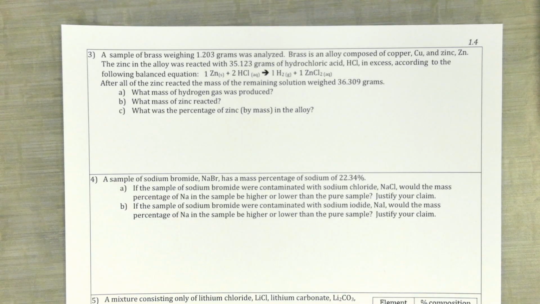So that hydrochloric acid had to be 35.123 grams, because when you add it to the 1.203 that includes the zinc, you get 36.326 grams for the reactants.